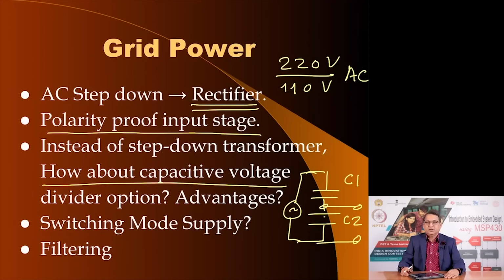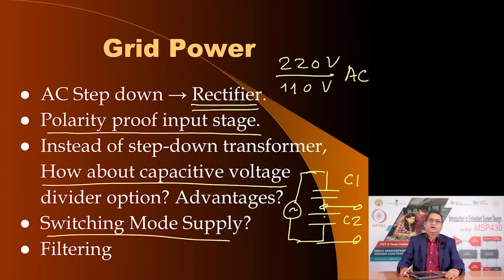Another option, and it is a very common approach, is to use a switching mode power supply. This switching mode power supply, which is used in phone and portable device chargers, avoids the weight and bulkiness of a traditional step down transformer.